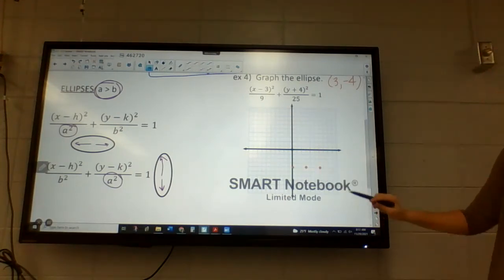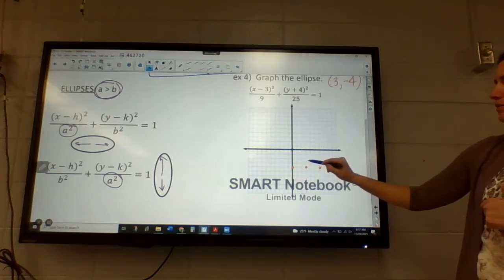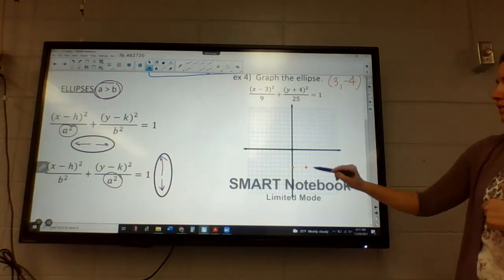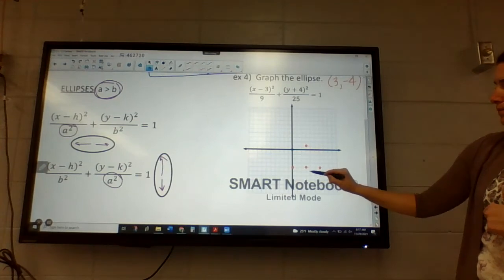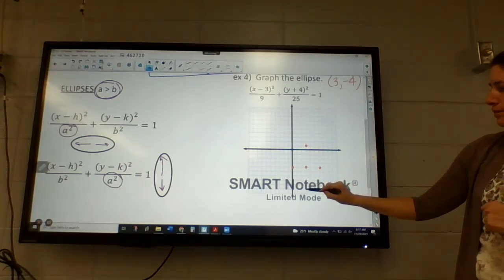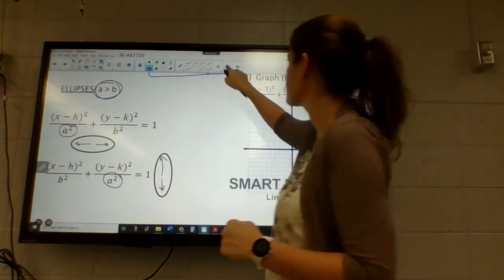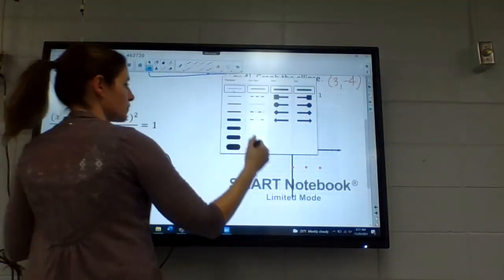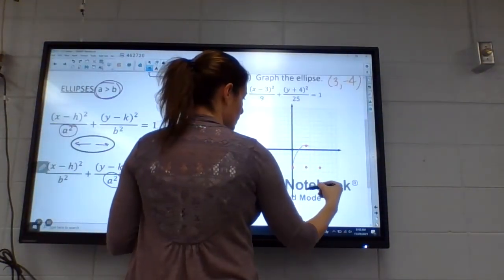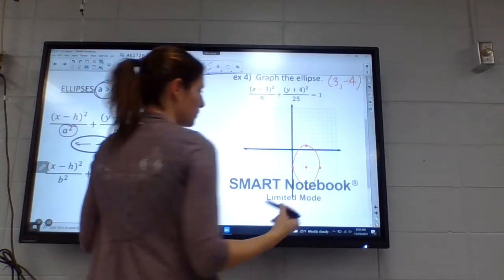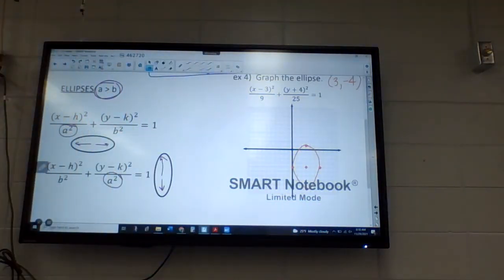And then the y tells us to go up and down 5. Okay, so there's our ellipse.